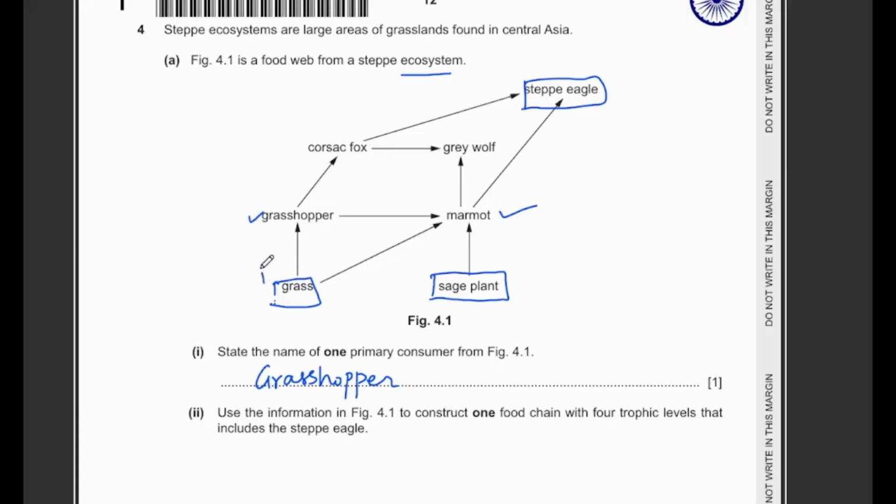So let's see, first grass, then we have a grasshopper, we have to include this eagle, right? And then if you move towards this way, marmot can be taken to the 1, 2, 1, 2, then we move to 3, and then the fourth one.